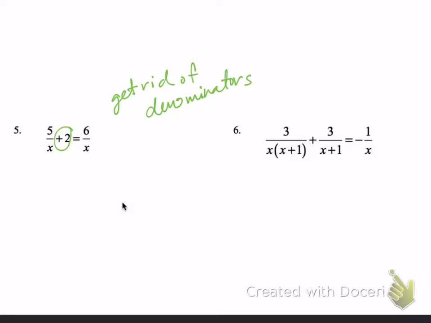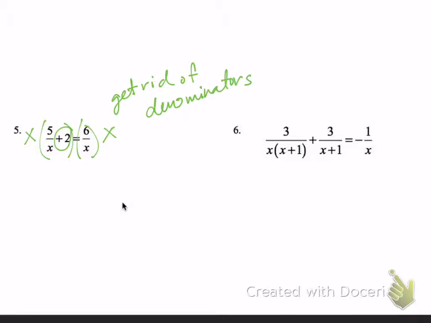So if I multiply those numerators by x, then those x's go away. Does that make sense? So I'm going to multiply the left by x, and I'm going to multiply the right by x. When I do that, whatever I multiply to the left, I can multiply to the right. I have to. And it will be okay.